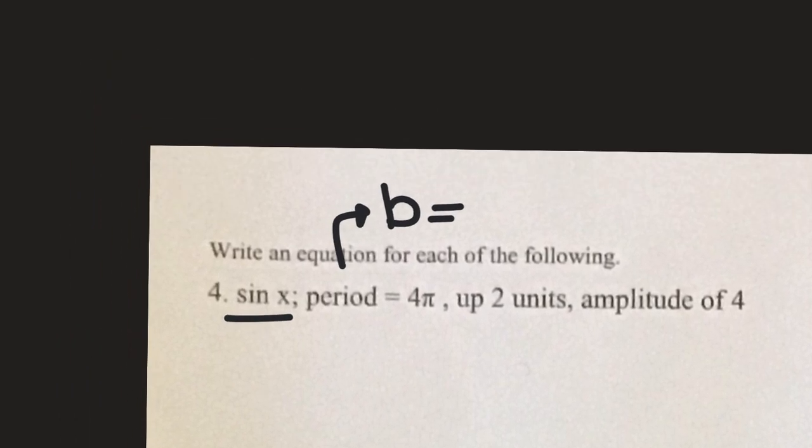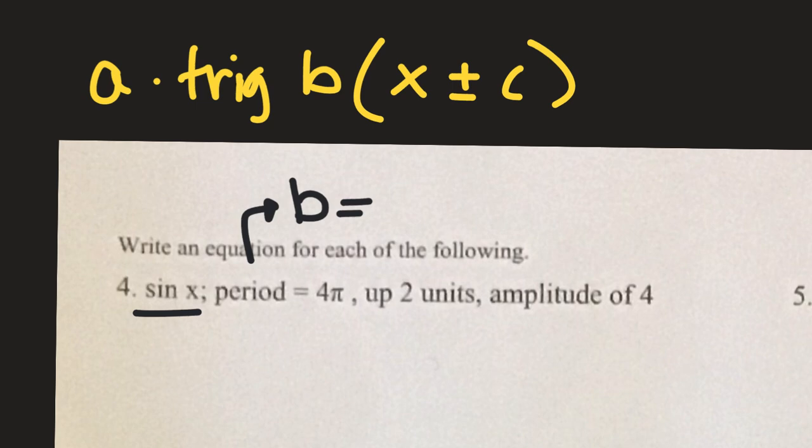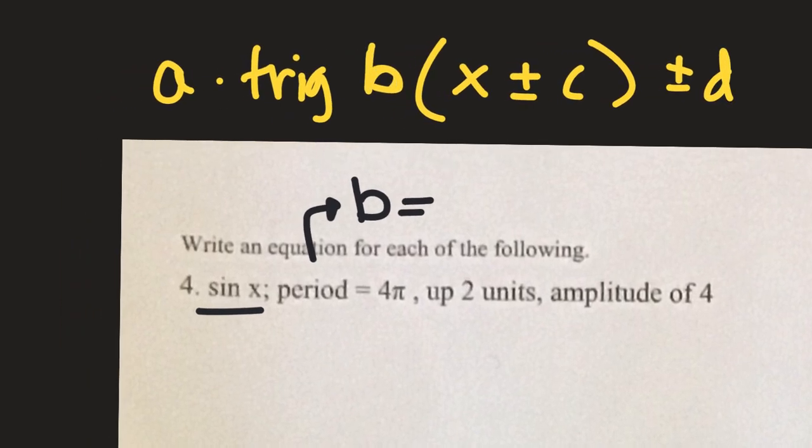Okay, remember there are 4 parts to your equation. There's your amplitude, there's your trig part, and then we have the b value, then we have your phase shift, which is c, and then you have your vertical shift, which is d. So we always have to calculate the b value based upon your period.